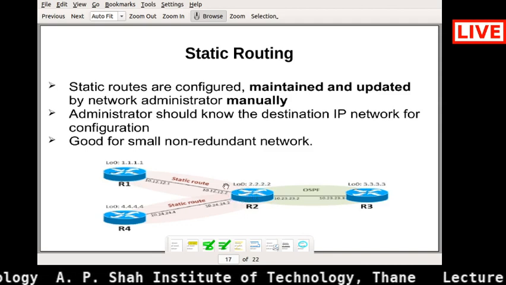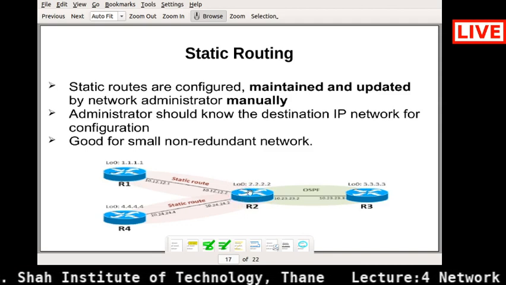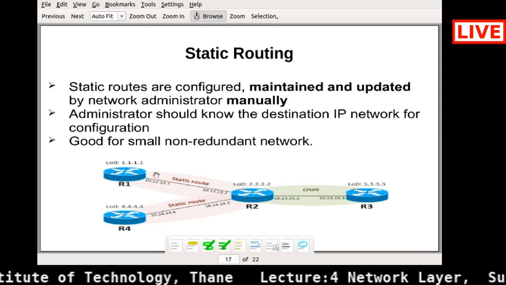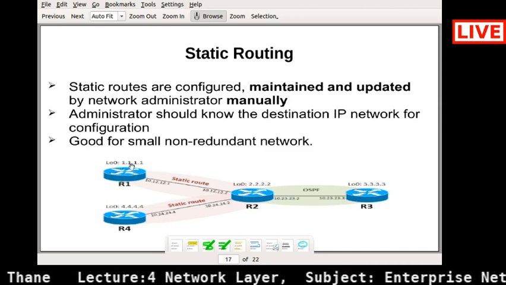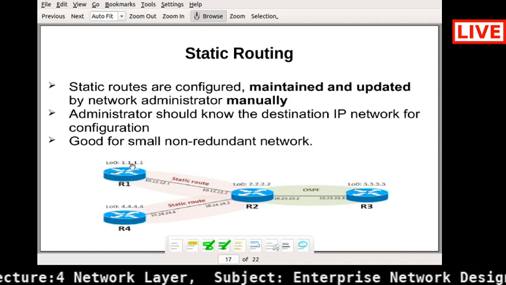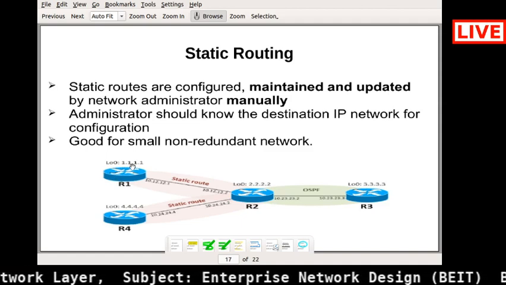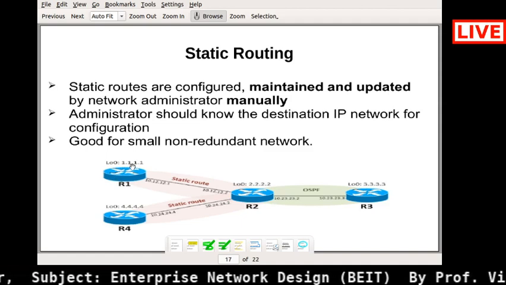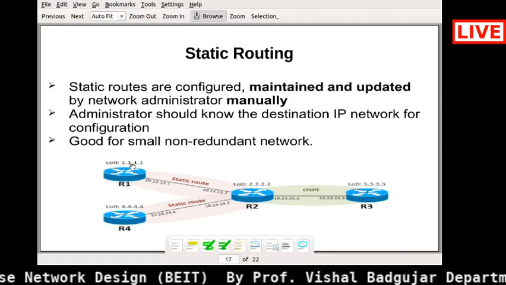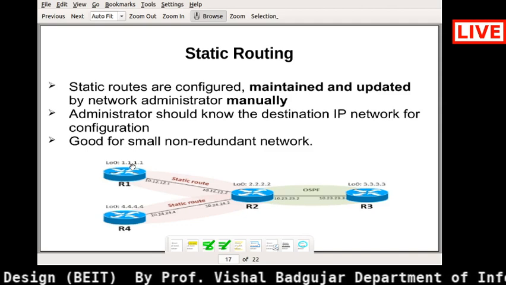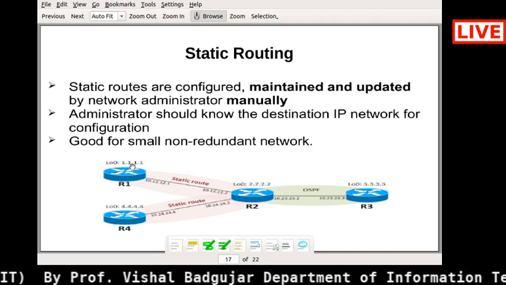If I know the IP address of R2, then only am I able to send a packet from R1, because I know the destination. For example, if you want to send a mail, unless you know the email address of the second person, how can you send the mail? You can't, right? The same thing is here.